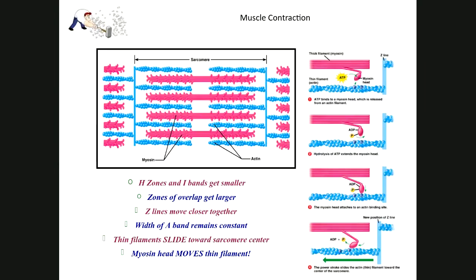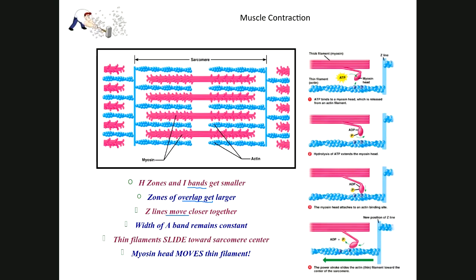So what happens is the myosin head connects to the actin protein, and they walk over each other as contraction occurs. Therefore, the zones of overlap become greater, and the Z lines move closer together, shortening the length of the sarcomere.